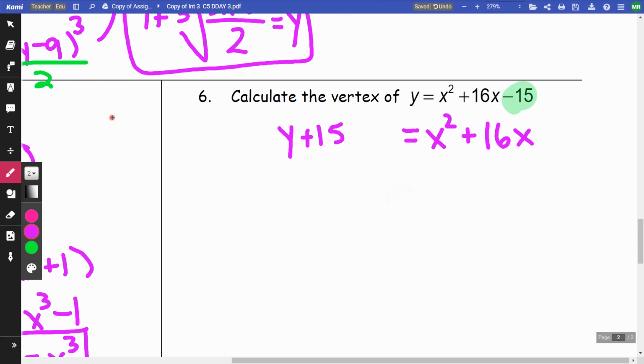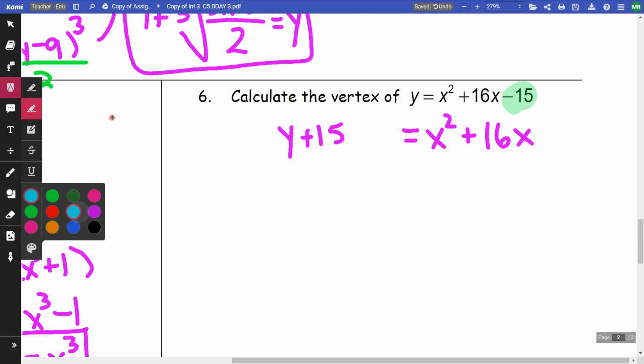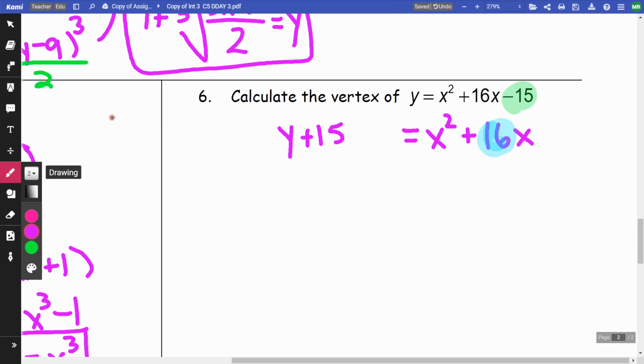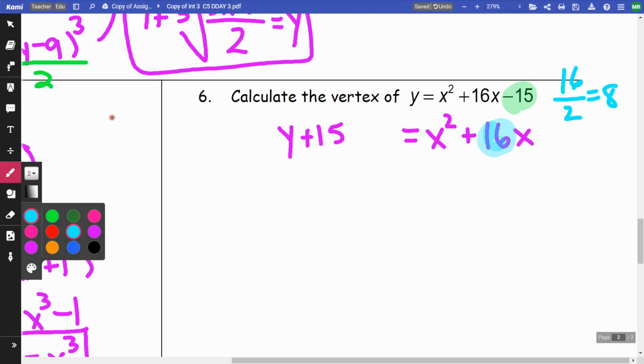Then what I want to do is look at my b, and whatever my b is, I'm going to split it in half. So I'm going to take 16 divided by 2 is 8. And then I'm going to square that, which is going to be 64.